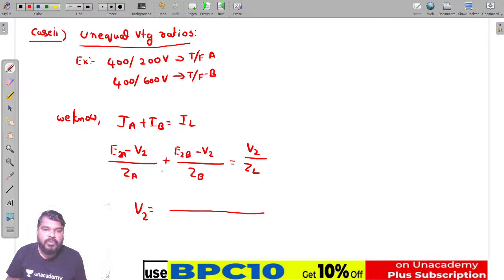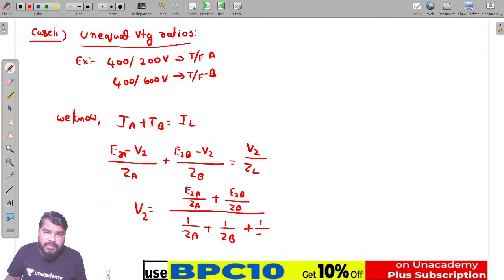V2 is equal to E2A divided by ZA plus E2B divided by ZB, divided by 1 by ZA plus 1 by ZB plus 1 by ZL.